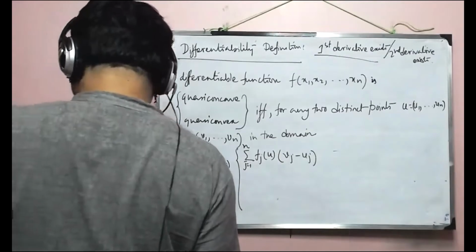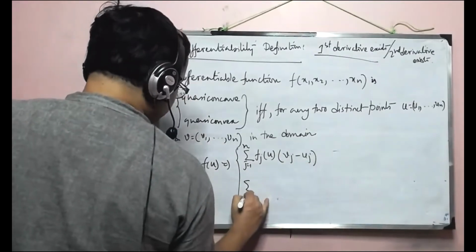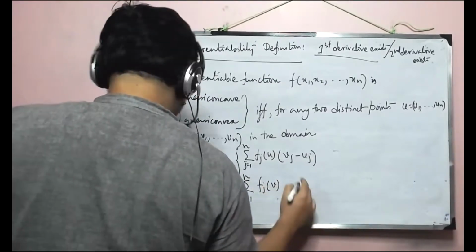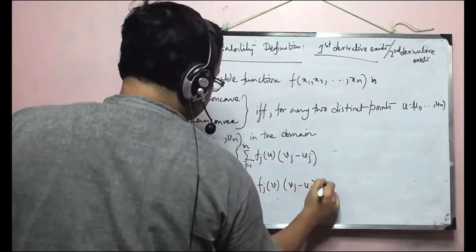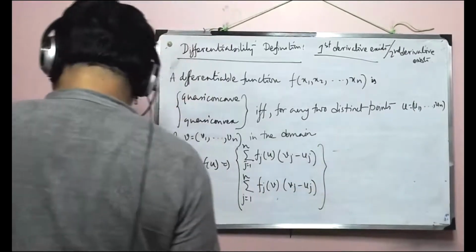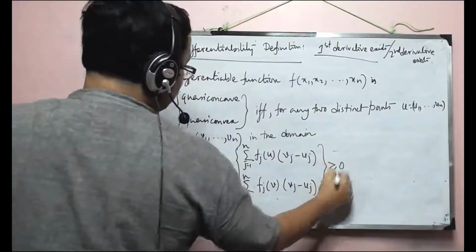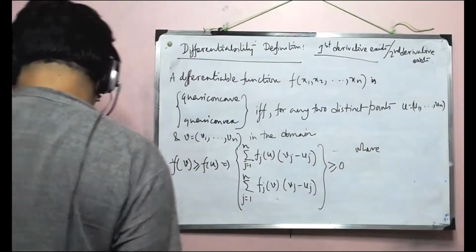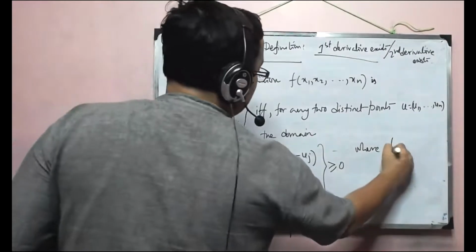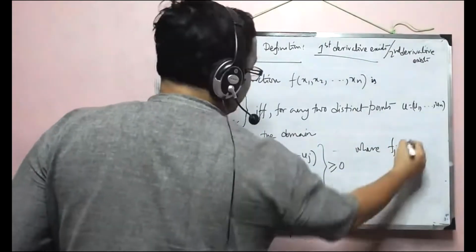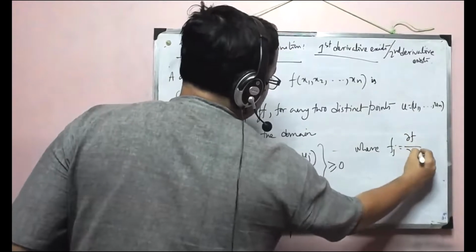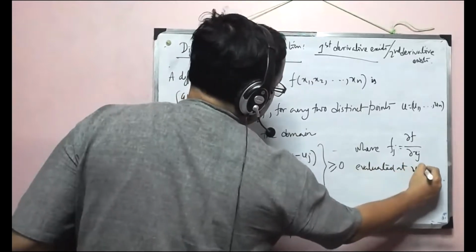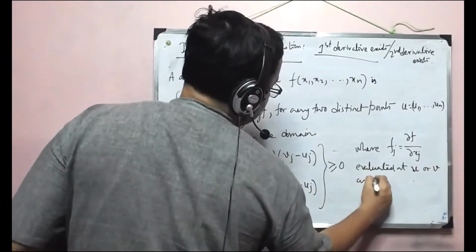Here obviously it will change to f_j(v) and the rest remains the same, times (vj minus uj), and in both cases greater than or equal to 0, where f_j equals, as I said, the jth partial derivative, del f del xj, evaluated at u or v as required.